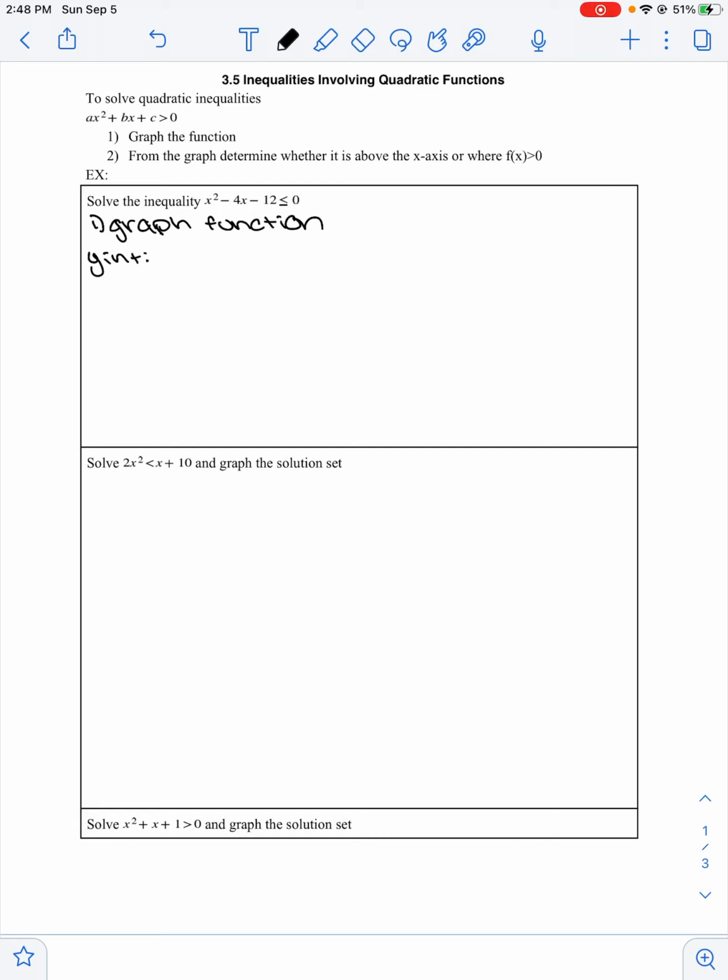So -12, so 0, -12. And then our x-intercepts is when we say 0 equals x squared minus 4x minus 12. That can be factored to x plus 2, x minus 6. If we set both parentheses equal to 0, we would get x equals -2 and positive 6.